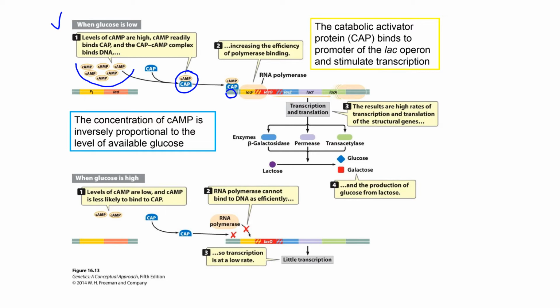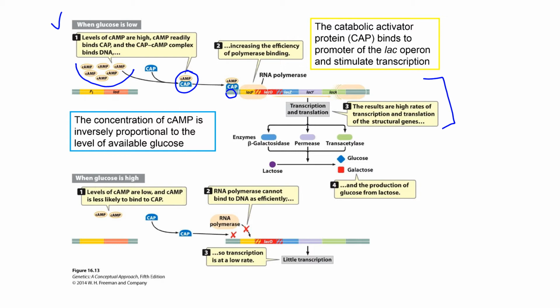And if at the same time there is lactose present, the lac operon will be turned on and transcription takes place. So the lac operon will be expressed. So CAP functions as the positive control of the lac operon.